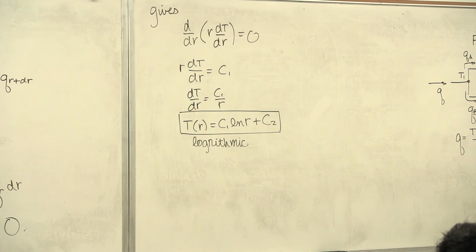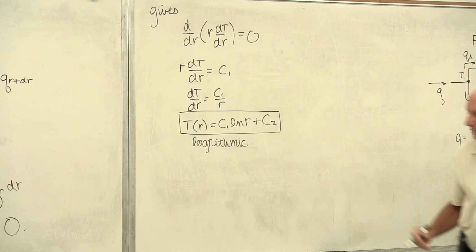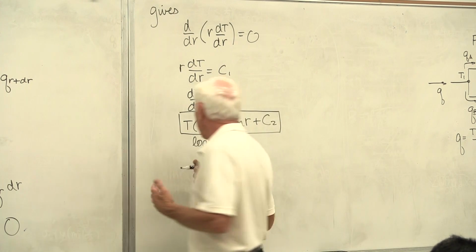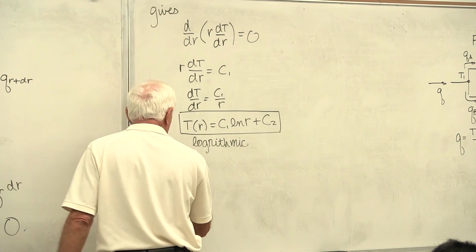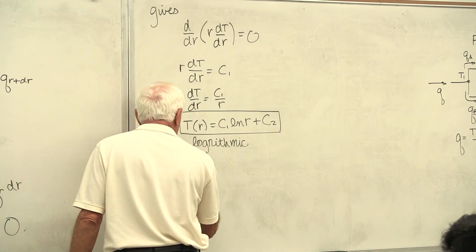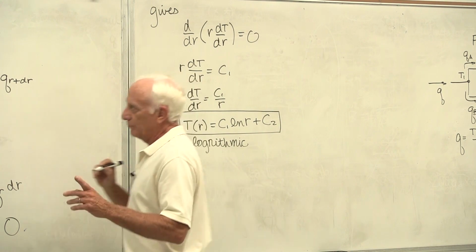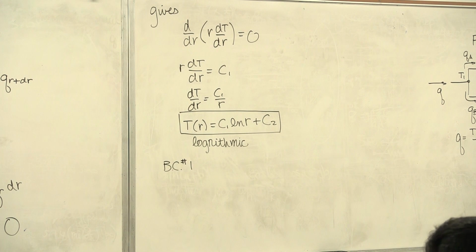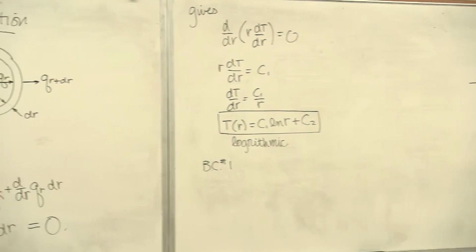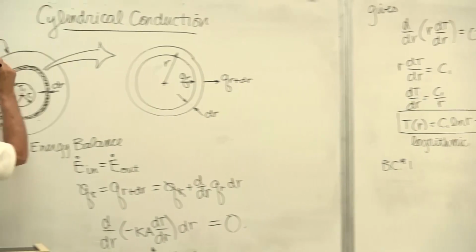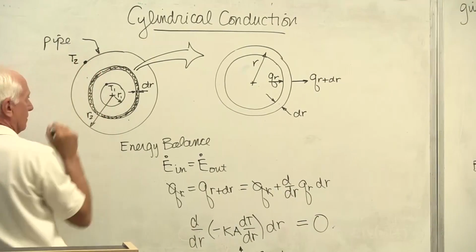Okay, now next step. I want to get rid of C1 and C2. I need two boundary conditions. BC number 1: the temperature on the inside surface is T1, and the temperature on the outside surface of the pipe is T2.